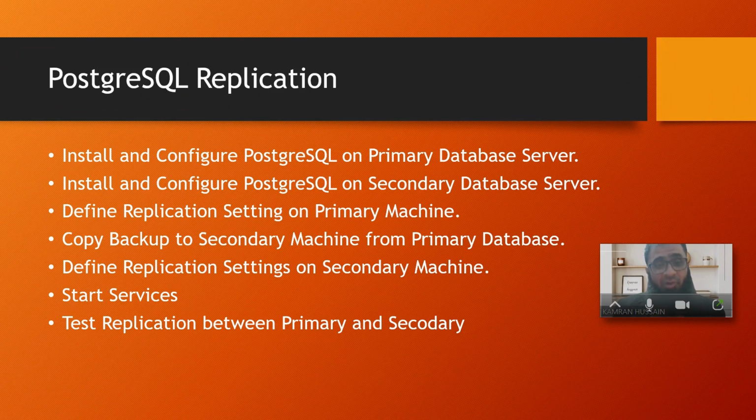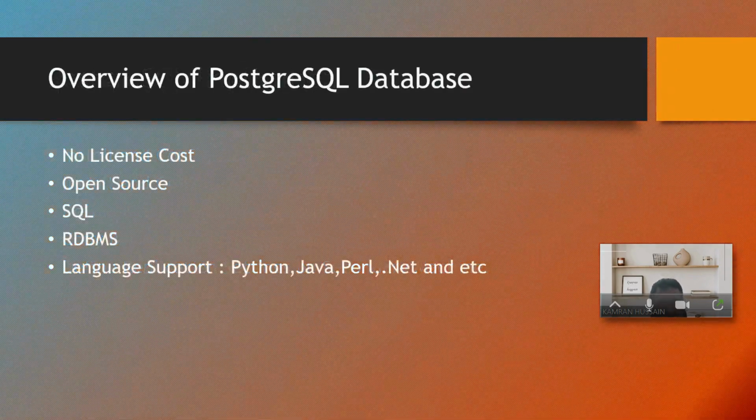Copy the backup of primary database to my secondary database. Then define the replication setting on secondary database, and then we'll start the services, and finally we'll perform some testing of replication. Okay, so let's start the activity.